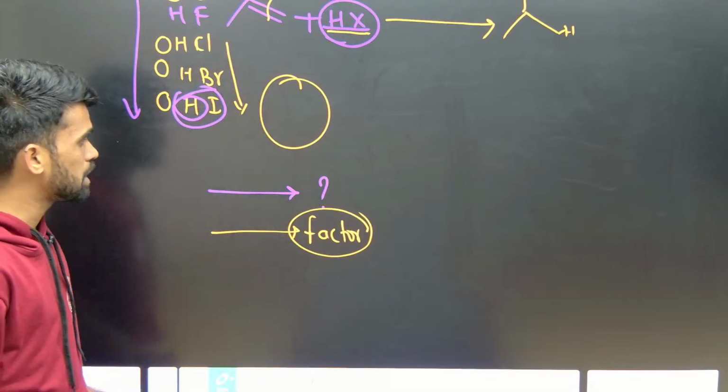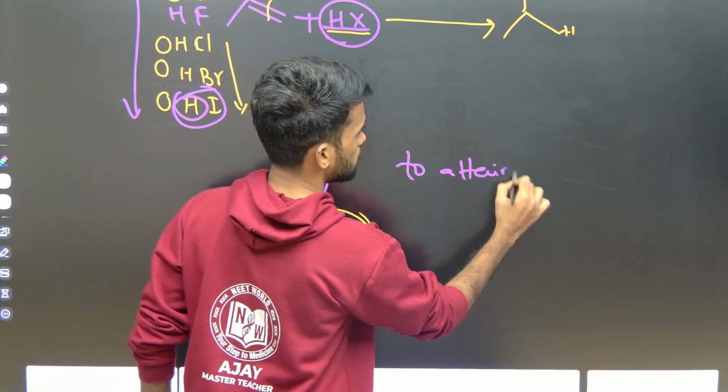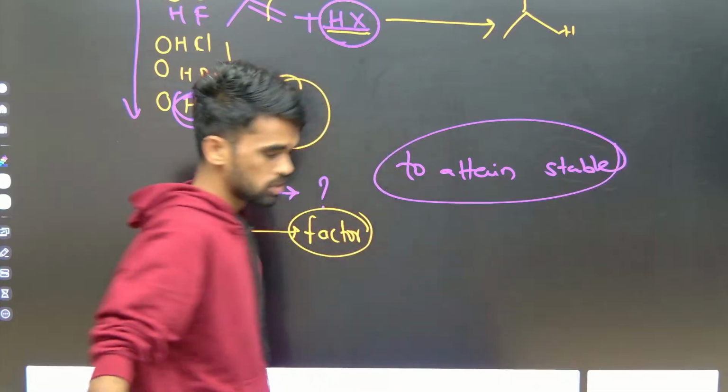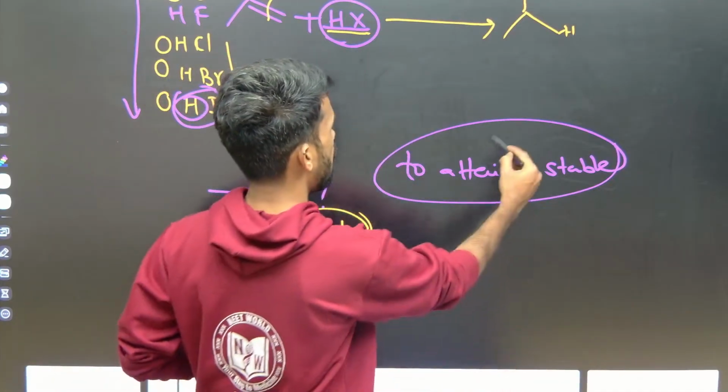Why are chemical reactions taking place? To attain some stable products, or some stability. So chemical reaction, formation or deformation, takes place to attain stability.